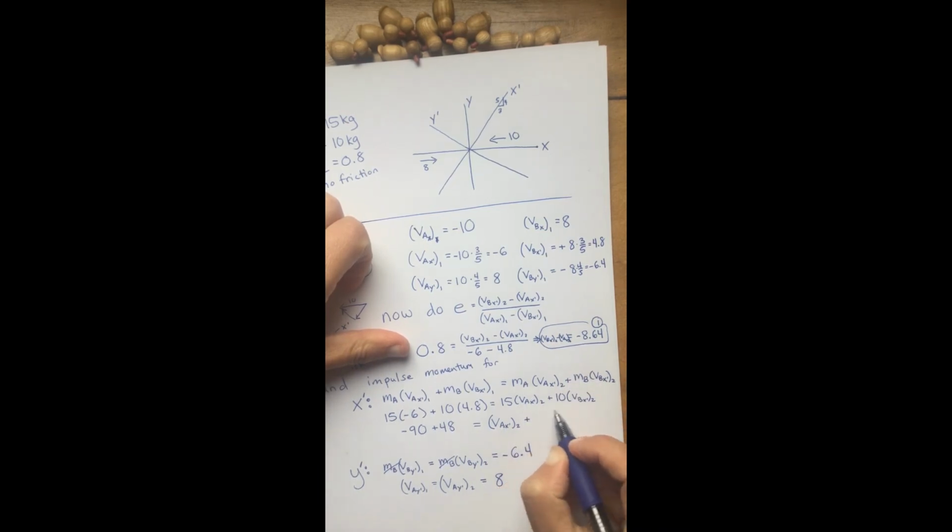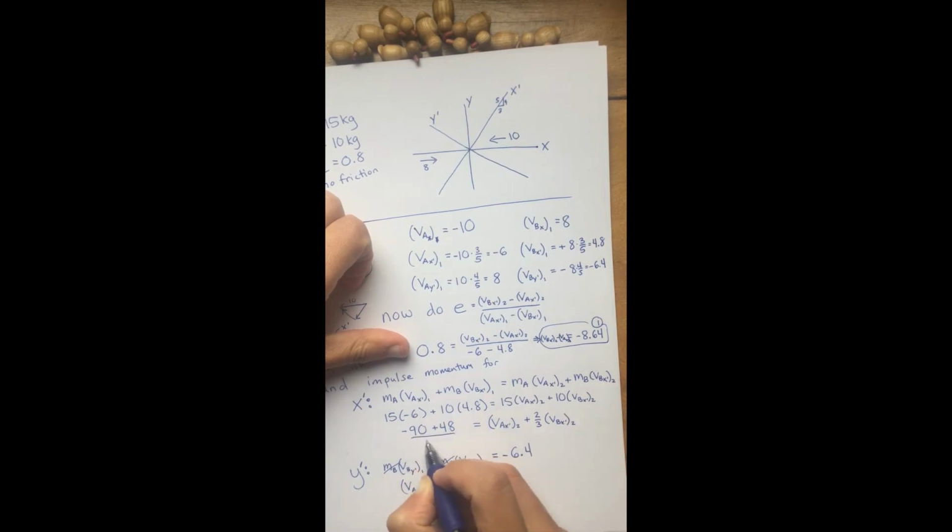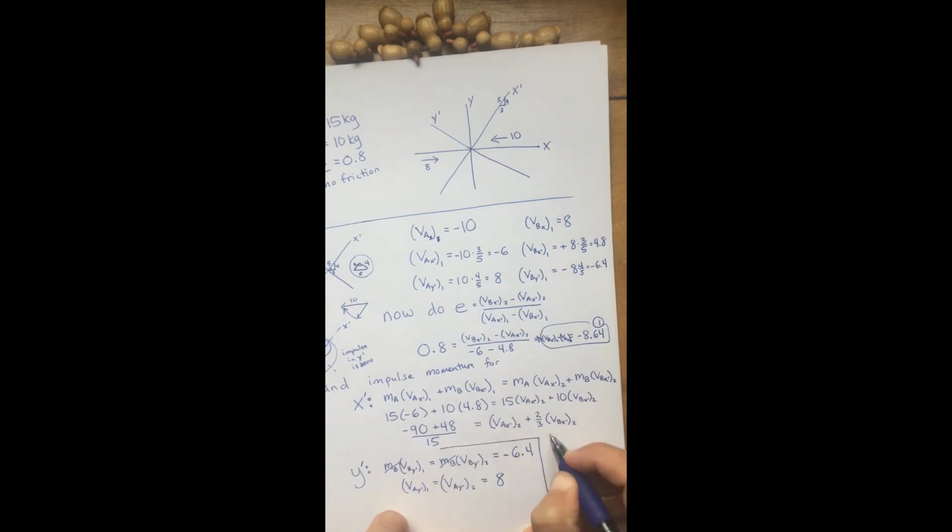If I divide by 15, 10 divided by 15 is 2/3. This is VB x prime 2, and then I have to divide this side by 15 as well. This is going to give me equation 2. Negative 90 plus 48 divided by 15 is negative 2.8.